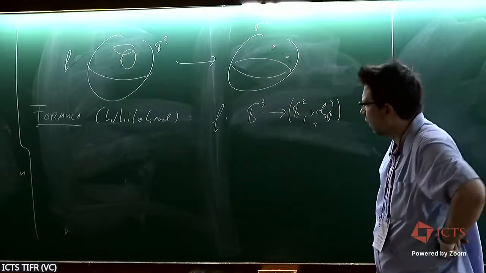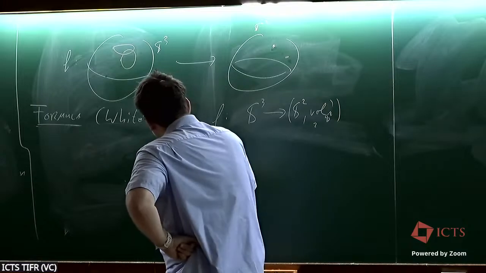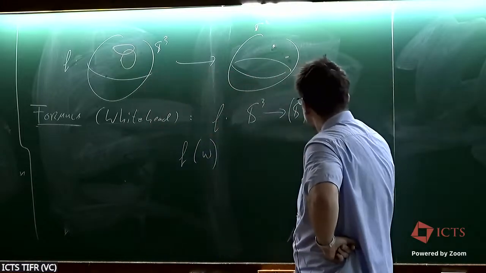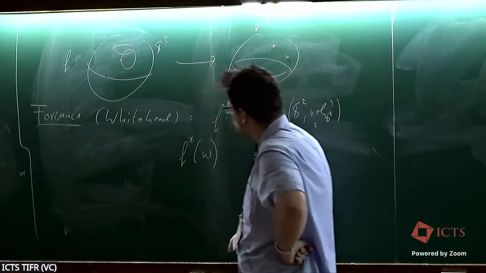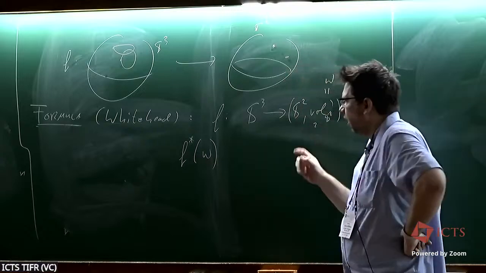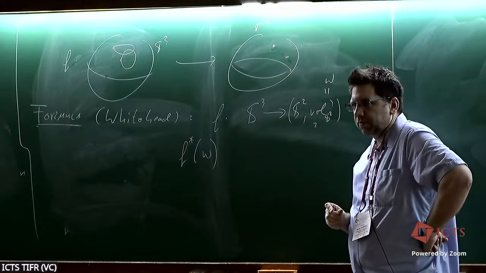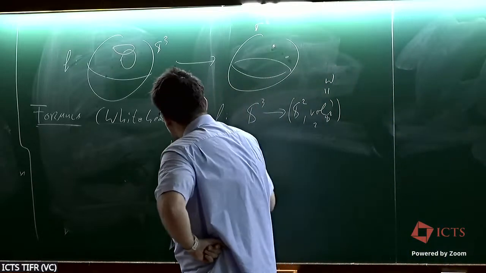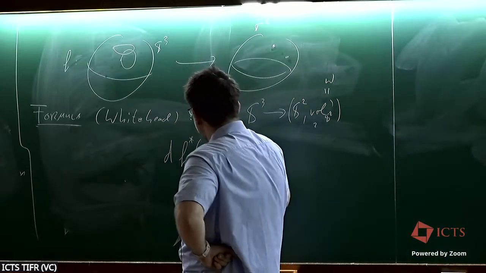All right, what do we know? Well, if we look at F of omega, okay, that's F star of omega, right? The pullback of this volume form, I call this omega, so I have to write less. This is a closed form, right? If I compute D of this guy, then the D commutes.